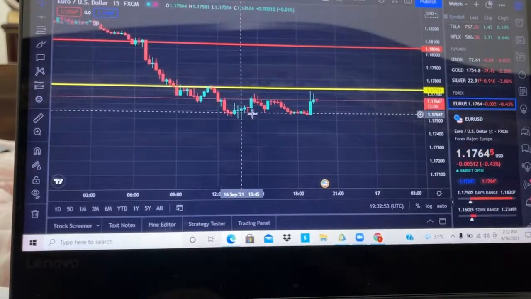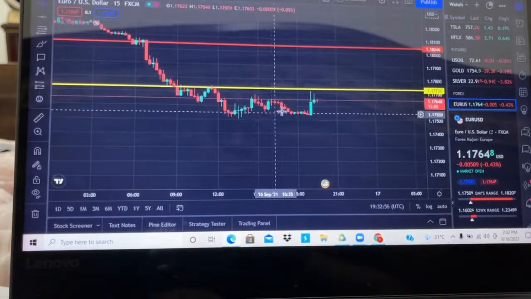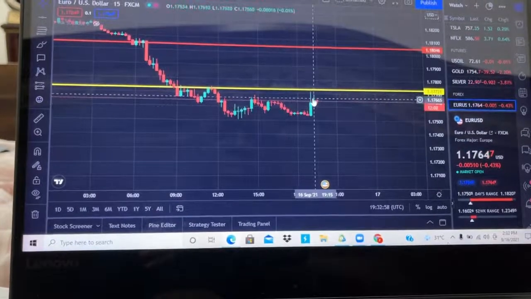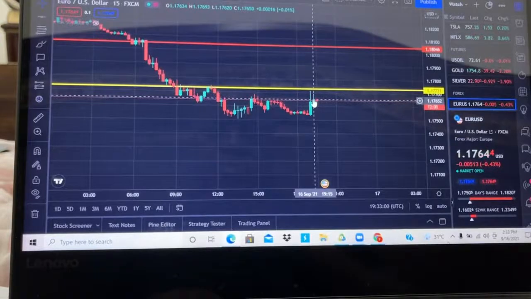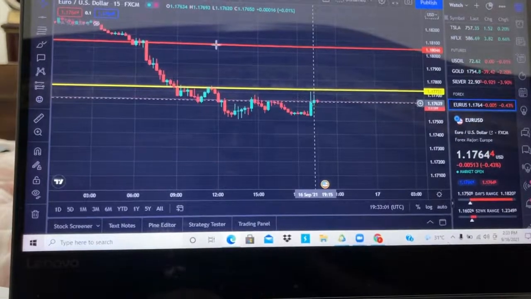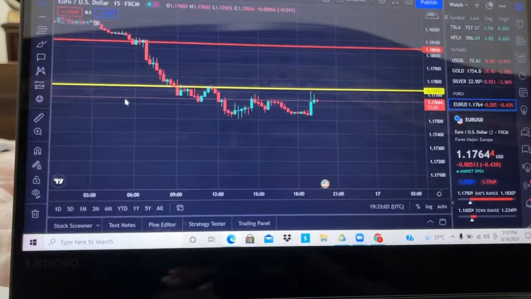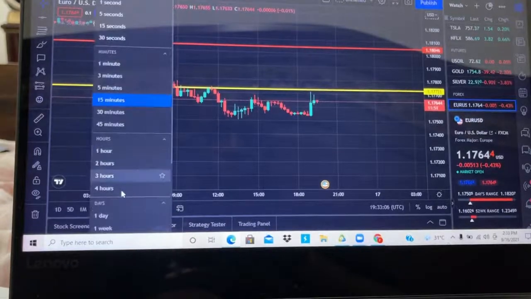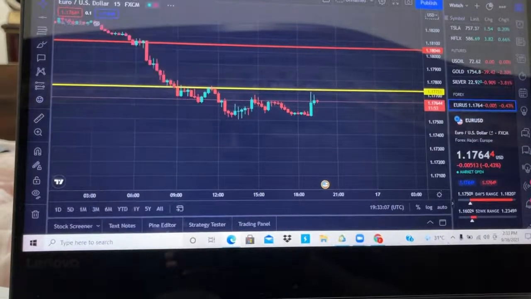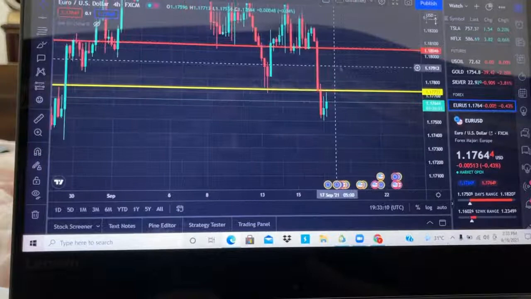So it can be tricky. Some persons will be buying and some persons will be selling at the same time. So it all depends on the time frame that you started to use.